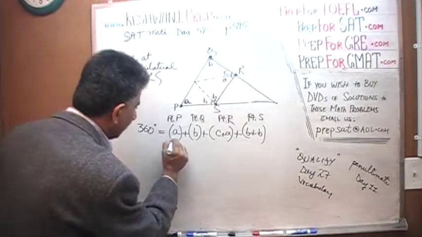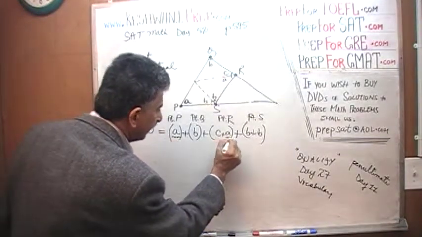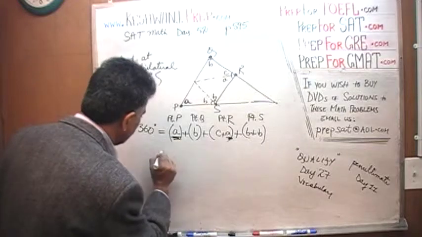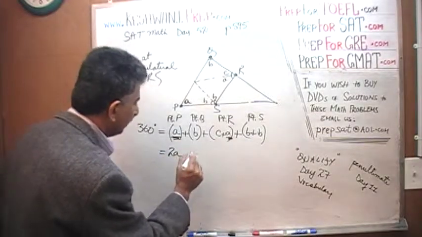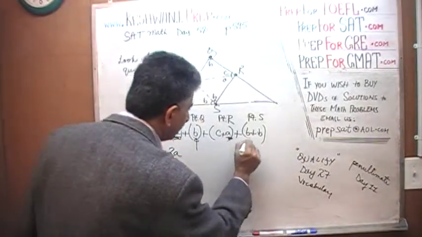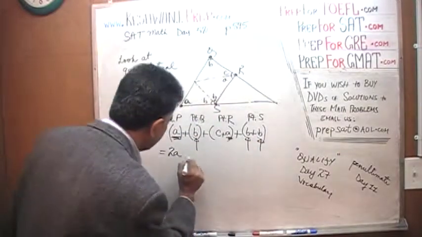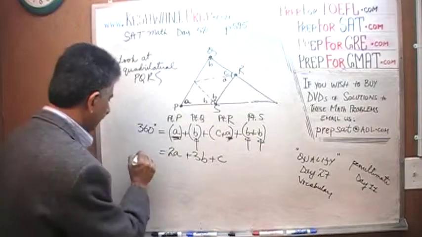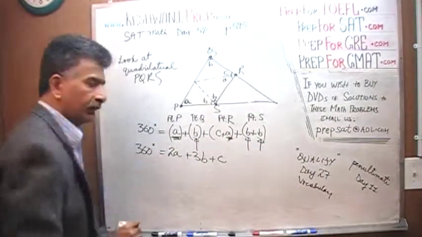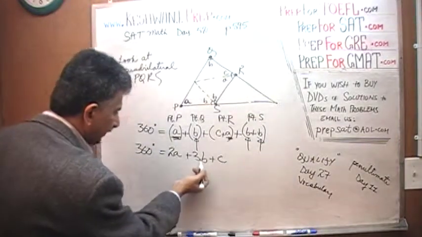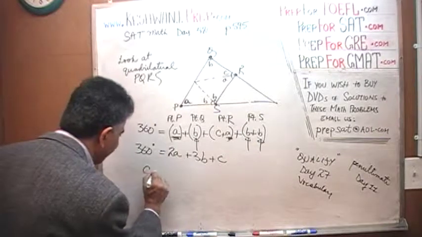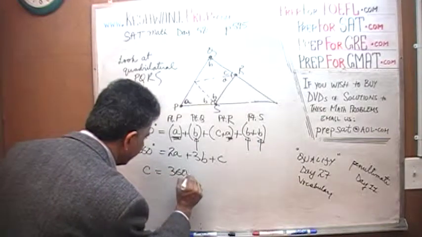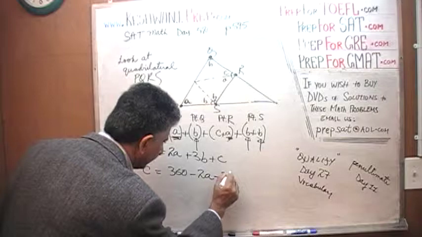Let's combine them. I see one A here, I see another A here, so we have two A's. And how many B's do we have? I see one B here, another B here, and another B here. So there's three B's. And then finally only one C. And that equals 360. Since we want to solve for C, bring the 3B's and the 2A's to this side, so C equals 360 minus 2A minus 3B.